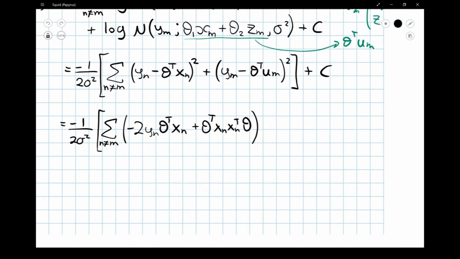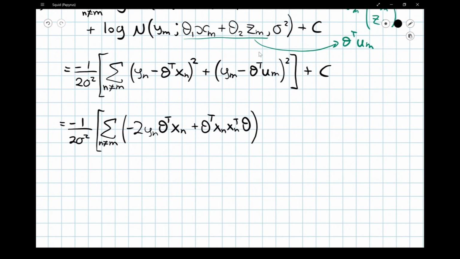And then we apply all the same tricks to expand this bracket here. So we're going to have a minus 2 ym theta transposed um, and this time a plus theta transposed um um transposed theta. Same tricks.